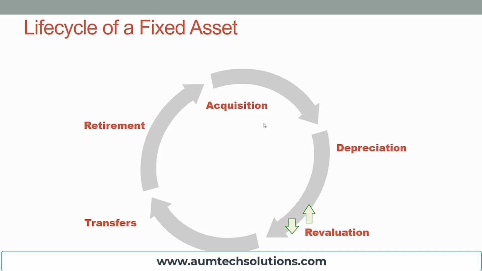Another example could be an accident in the factory, a small fire which has damaged the asset. We can still use the asset, but the market value has gone down significantly, and we have to give it extra depreciation for this reduction due to the accident. That's again a revaluation of the asset. Sometimes we have to revalue the asset upward, so that's a write-up of the asset.